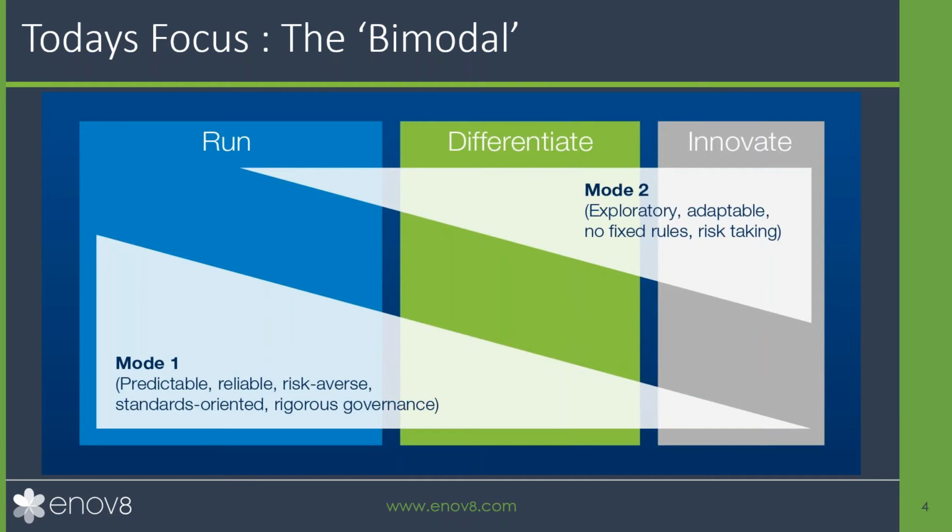Mode 1 is focused on being more predictable, risk averse, standardized, and rigorous. Think waterfall and legacy. And mode 2 is more focused on experimentation, being exploratory, solving new puzzles, and just being less risk averse. Think agile and building new minimum viable product.